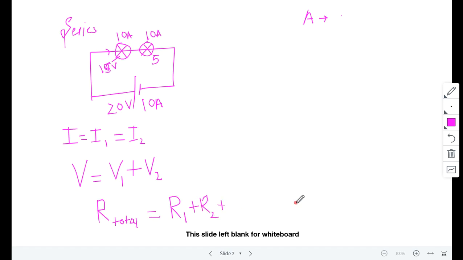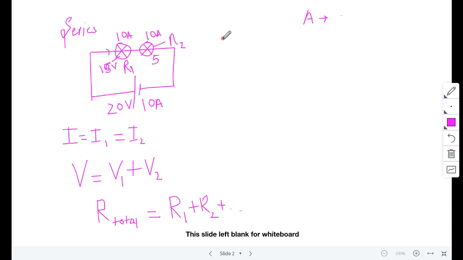However many resistances there are, you just add up all of them and it will give you the total resistance. Suppose R1 is the resistance of this lamp or component, and R2 is the resistance of this component. Then total resistance is R1 plus R2.